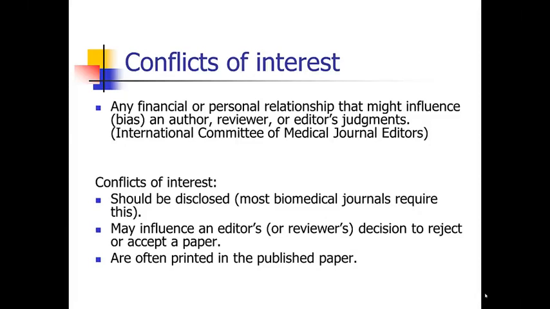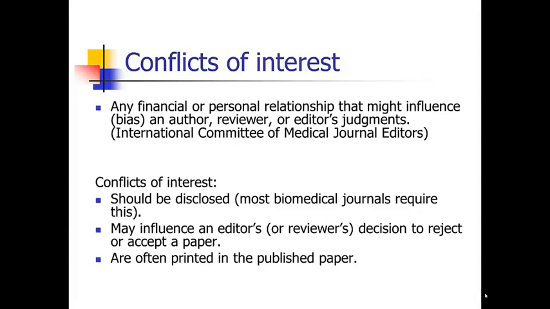In general, journals will try to err on the side of asking for all possible conflicts of interest, so that even something which maybe the scientist doesn't think is going to sway them, but maybe is biasing them subconsciously, gets disclosed. So it's an area of controversy.